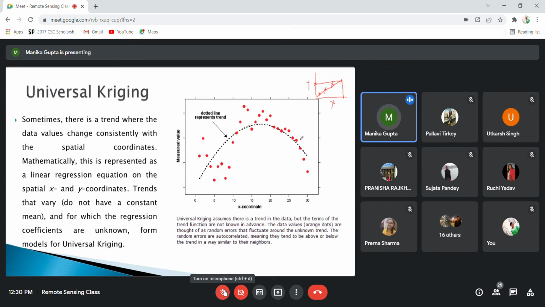When we say regression, generally we start with a simple linear equation, y is equal to mx plus c. If this doesn't work, we go to the next equations in which we increase the number of variables so that our equation can fit the available data. That is what we have done, and fitting the data is called regression.